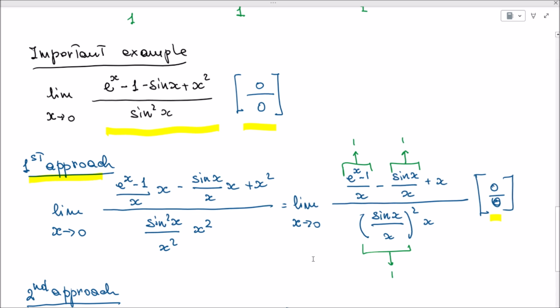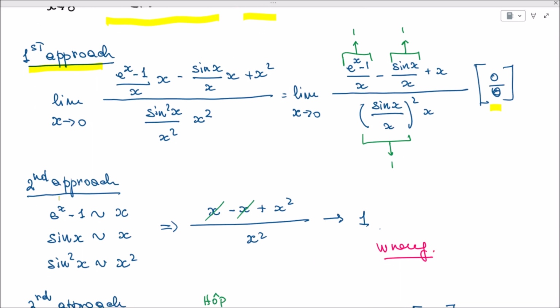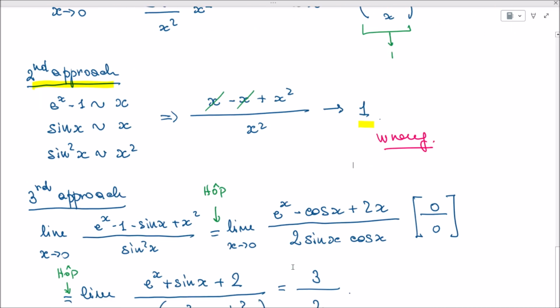For the second approach, we tried to solve the limit by using the asymptotic equivalence, and we got a result of 1. Then we went on to the De L'Hopital theorem, and we found a different limit, 3 over 2. So which one is the correct one?